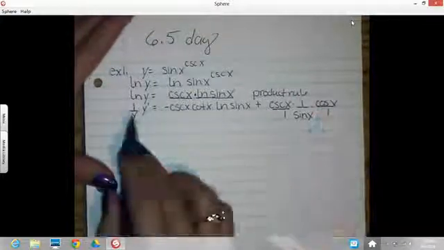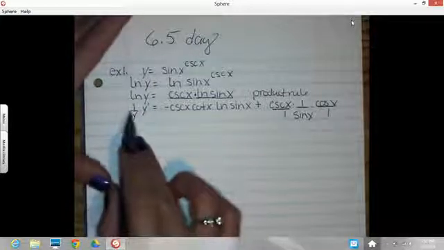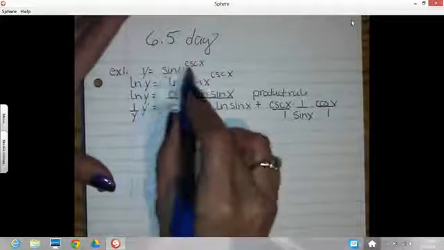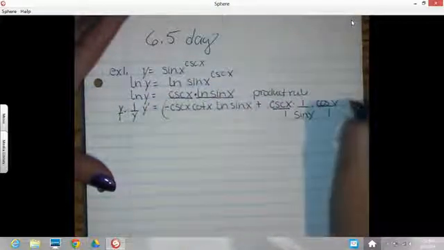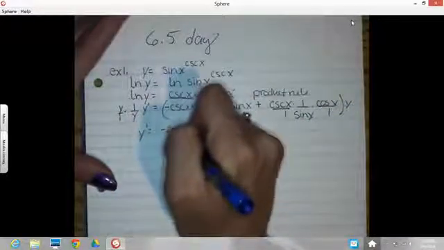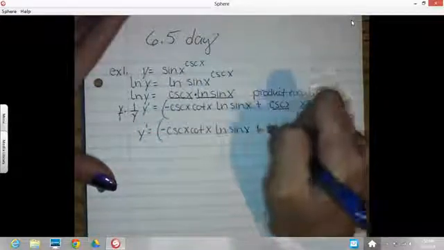All right, so now I'm ready to finish it up. I want y prime equals, so I have to multiply both sides by y. And the y is sine raised to the cosecant. So I'm going to multiply by y here. So now I can finish it up and go negative cosecant x, cotangent x, natural log of sine x, plus this is cosecant.